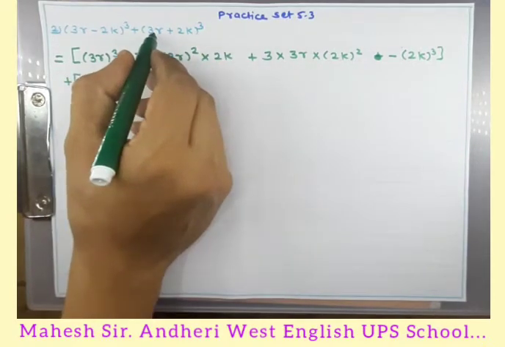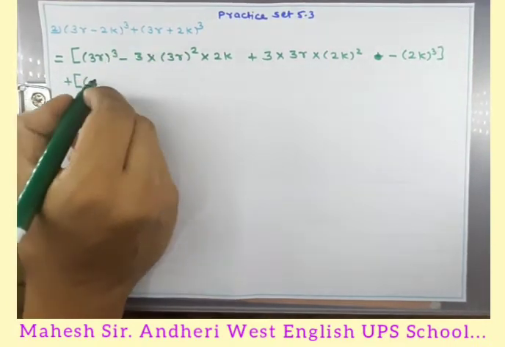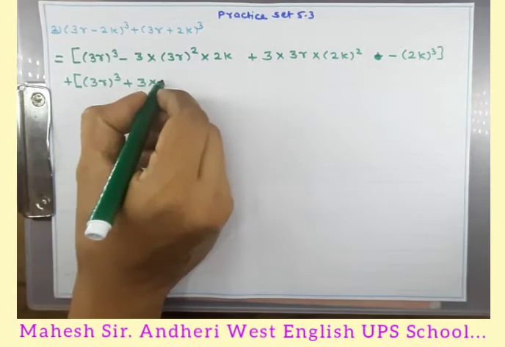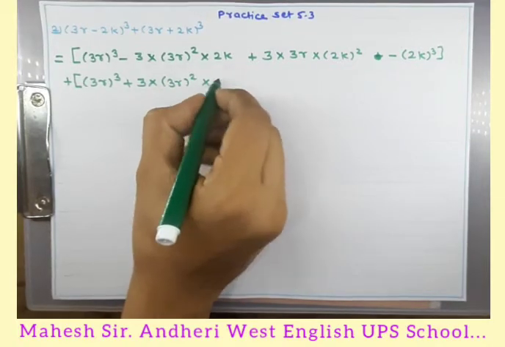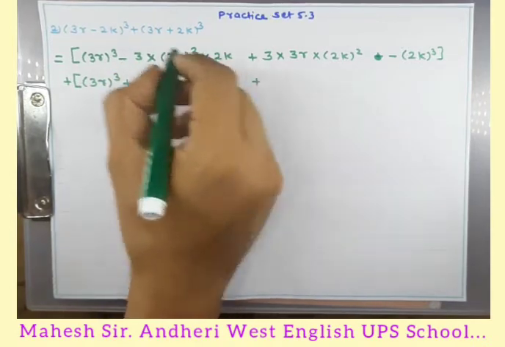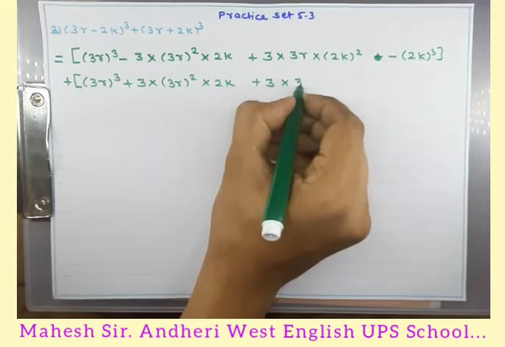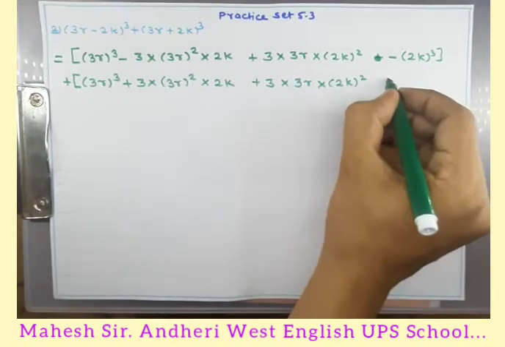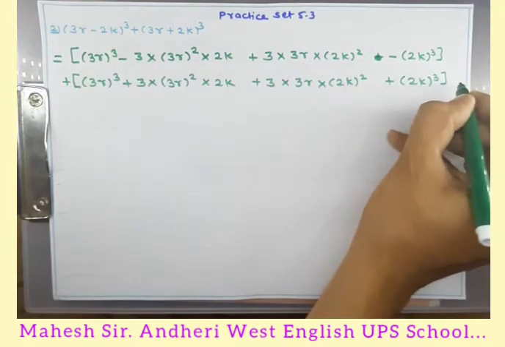Here instead of a, 3r is there, and instead of b, 2k is there. a cube means (3r) cube, plus 3 into a square b, which is 3r square into b, b is 2k, plus 3 a b square: 3 into a, which is 3r, into b square, which is (2k) square, and plus b cube, b cube means (2k) cube.